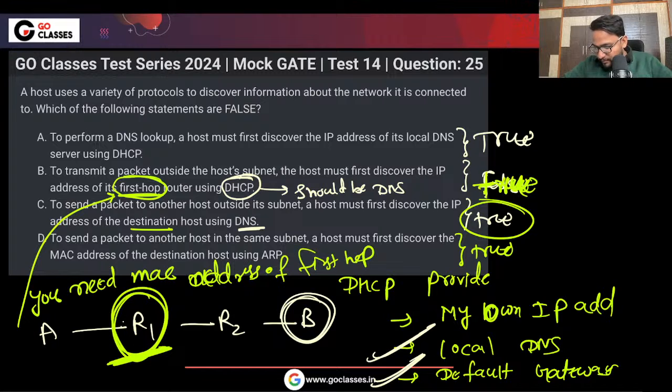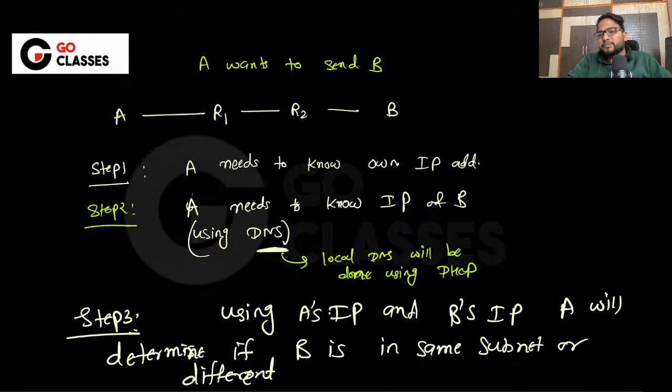Can be done using ICMP also? No, ICMP is not used like this. We get to know the information about the gateway router using router solicitation ICMP? No, ICMP is for error control messages, just to tell whether there is something wrong. ICMP messages are not used for these kinds of things. So these are the steps. I hope the steps are clear.